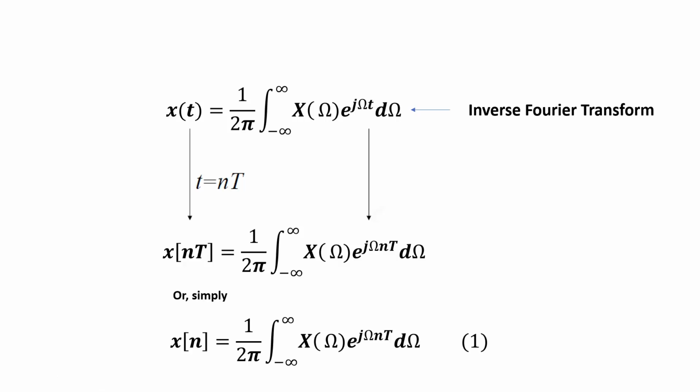Actually it is there, but for simplicity, we will not write capital T. We will say it is x of n. So x of n is the signal in the discrete domain, and this is the formula for getting a signal in discrete form from a continuous form.